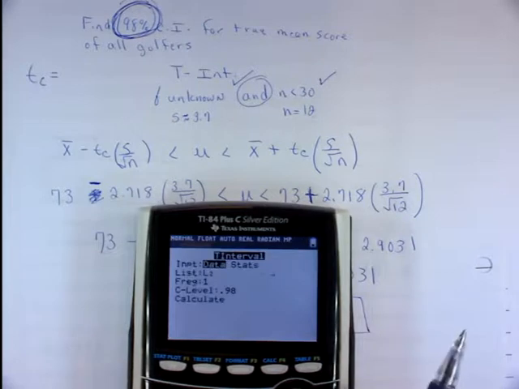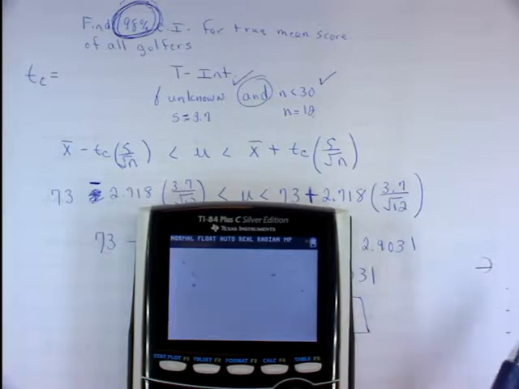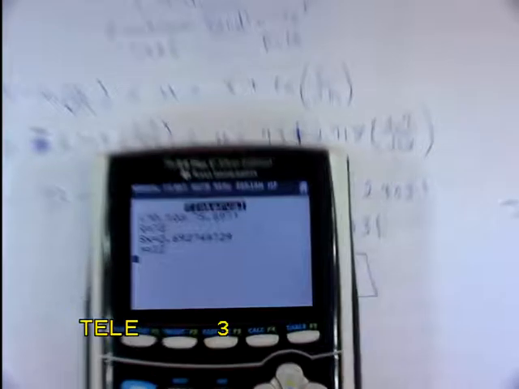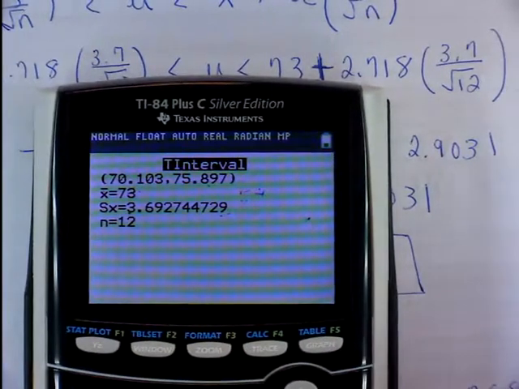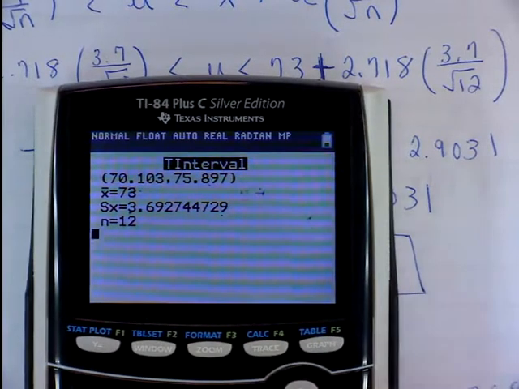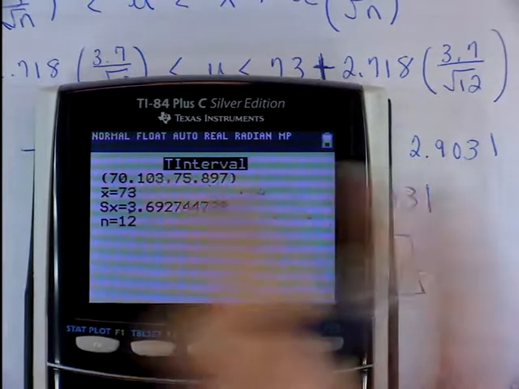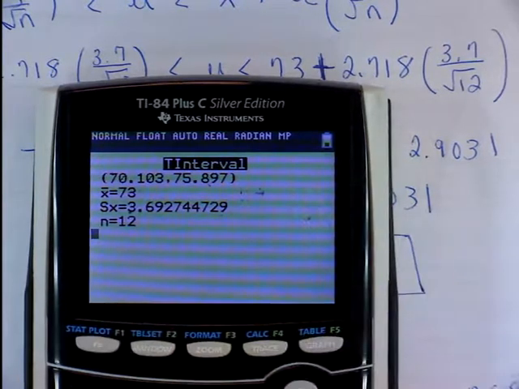I forget that I'm going to treat it as raw data. And these are the answers I just received when I treat it as raw data. I keep forgetting I have to write these numbers down. 75.897 minus 70.103. Some versions of the calculator, when you start typing in, this doesn't disappear. But this new version, if I start typing in here, then all of this information disappears. So try to remember to write those down.